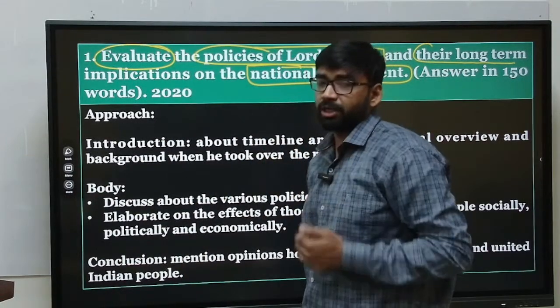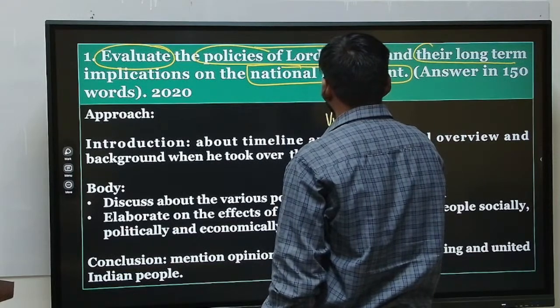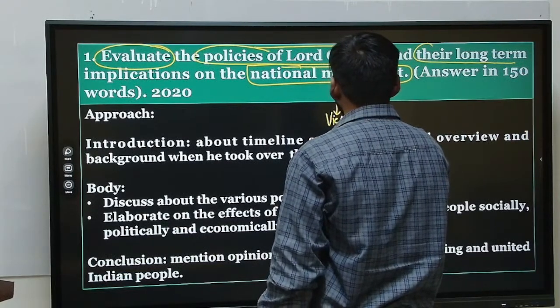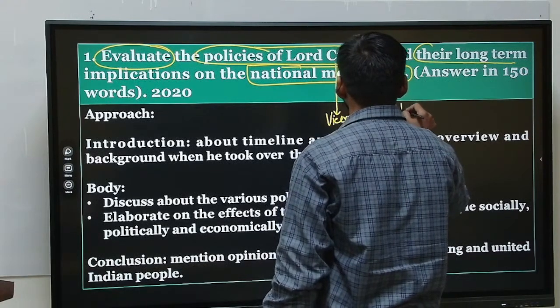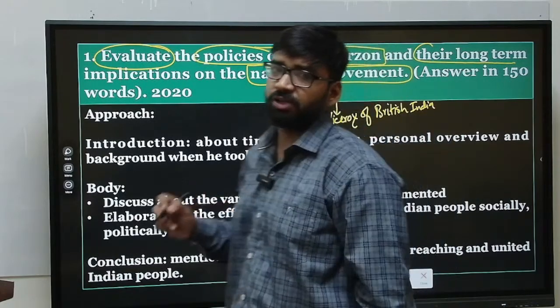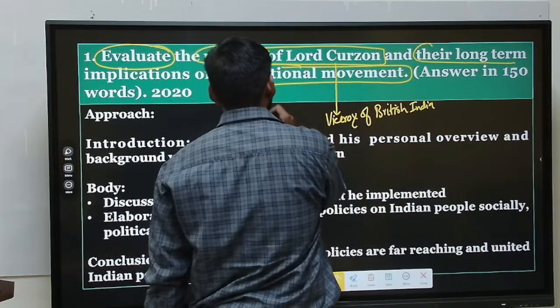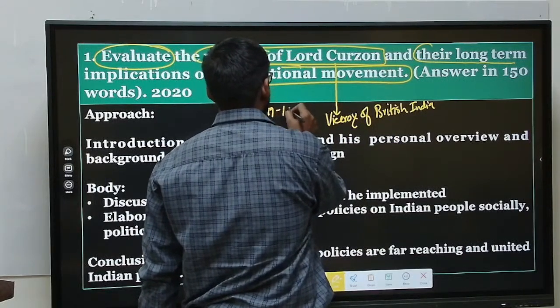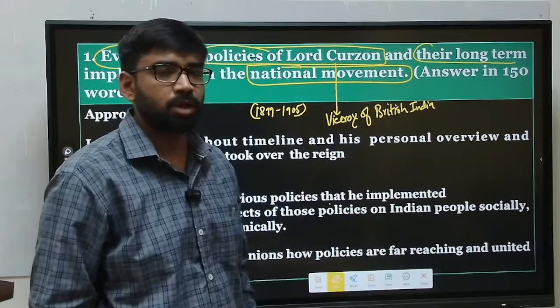When we say Lord Curzon became a viceroy of British India, he was sent as a viceroy, governor general of British India, in 1899 and he was here till 1905.